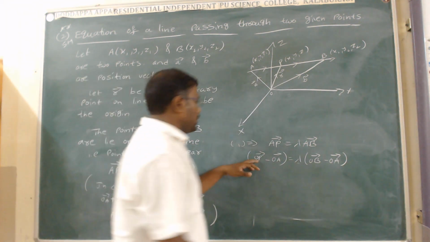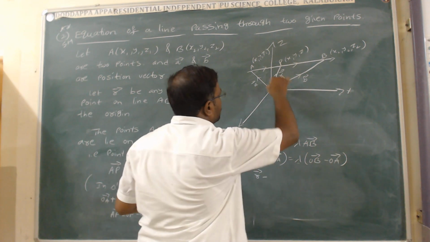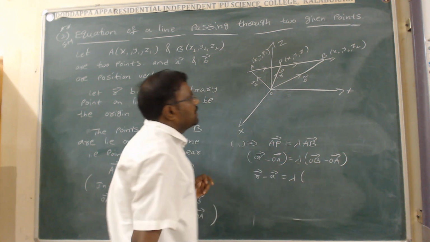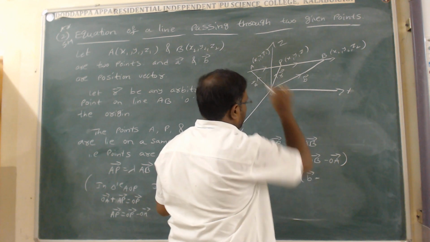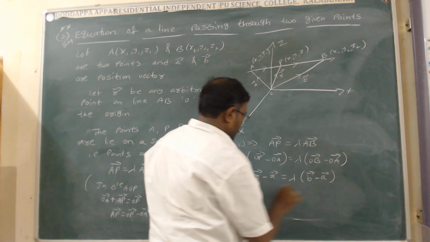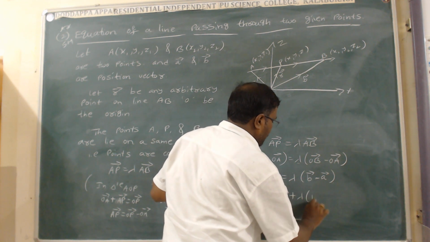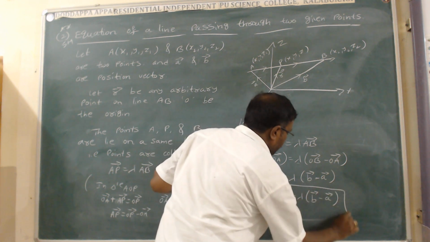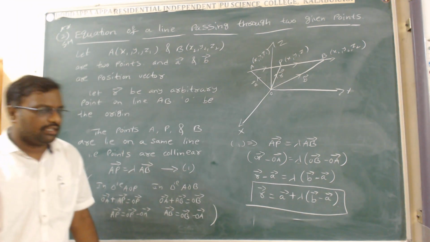So here OP vector is vector R, minus vector A, is equal to lambda of vector B minus vector A. So vector R is equal to vector A plus lambda of vector B minus vector A. This is the vector equation of the line through the two given points. Right?